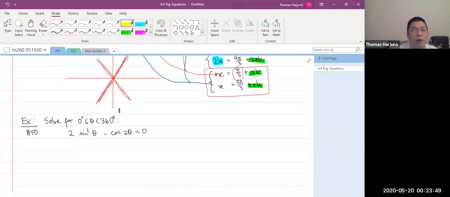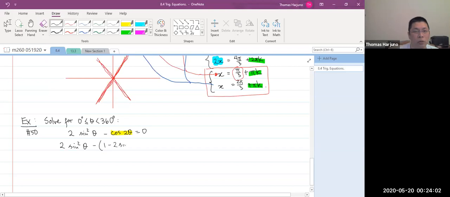I think I will rewrite this first. That will be 2 sine squared theta minus 1 minus 2 sine squared theta equals 0. Combine like terms, I get 4 sine squared theta minus 1 equals 0.